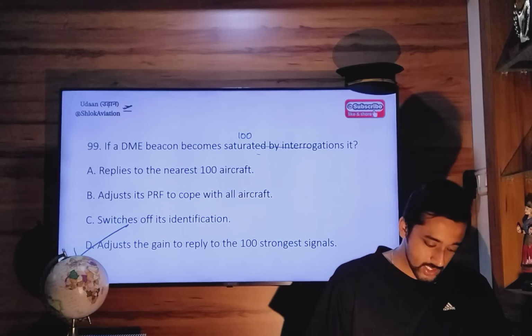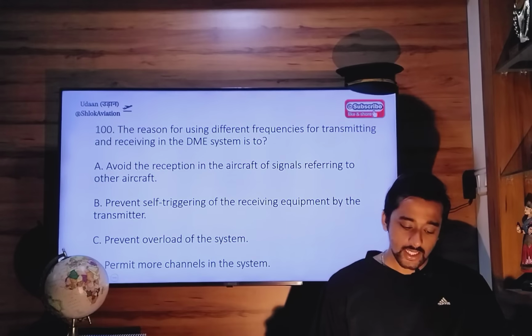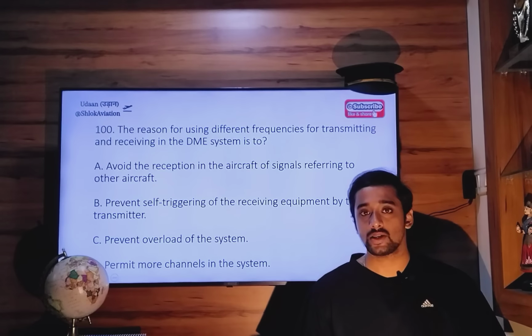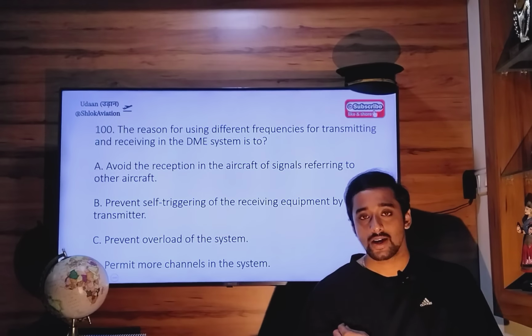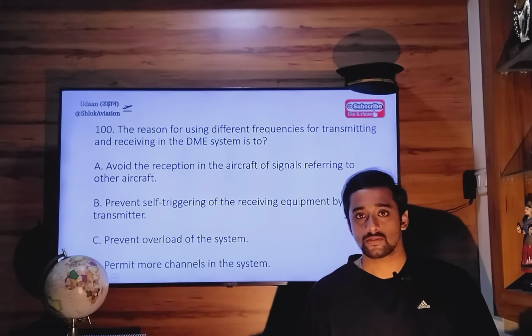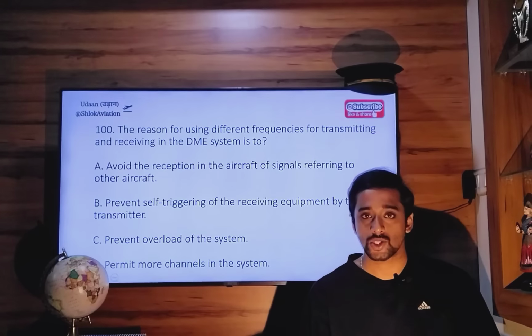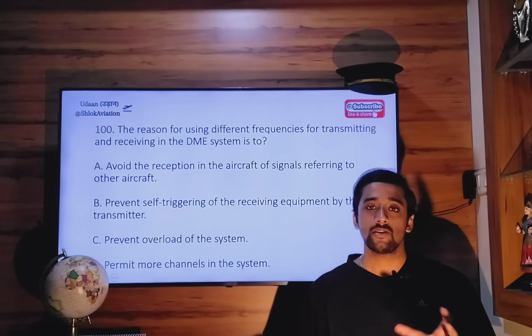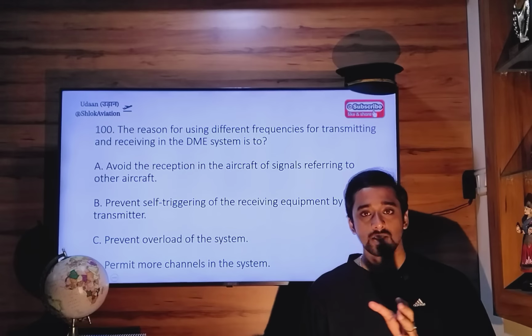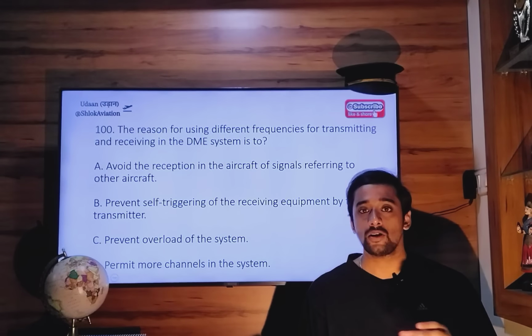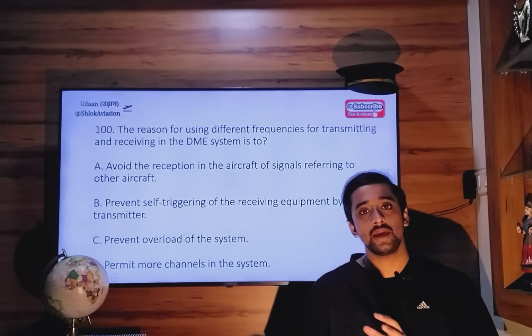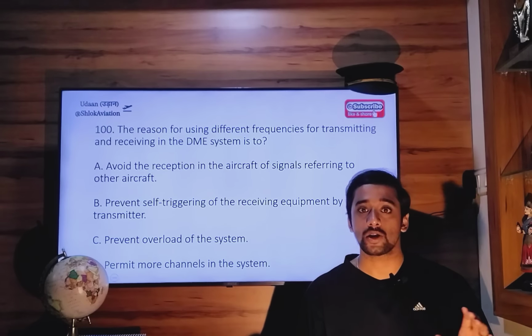Okay, so remember this. Last, the reason for using different frequencies for transmitting and receiving in the DME system is to achieve what? So DME is a secondary radar, based on the secondary radar principle, and secondary radar operation is based on different frequencies. One for interrogation and another for response, transponding. And this is done in order to eliminate ground reflections or ground returns.